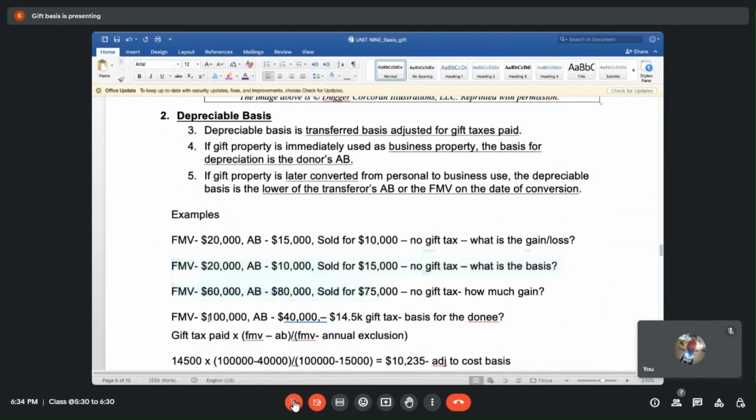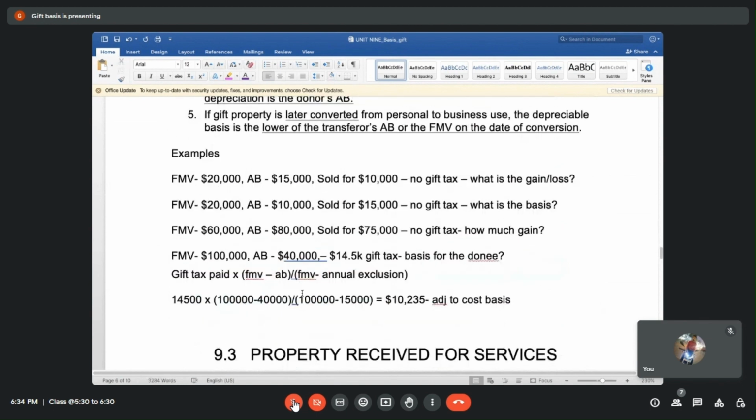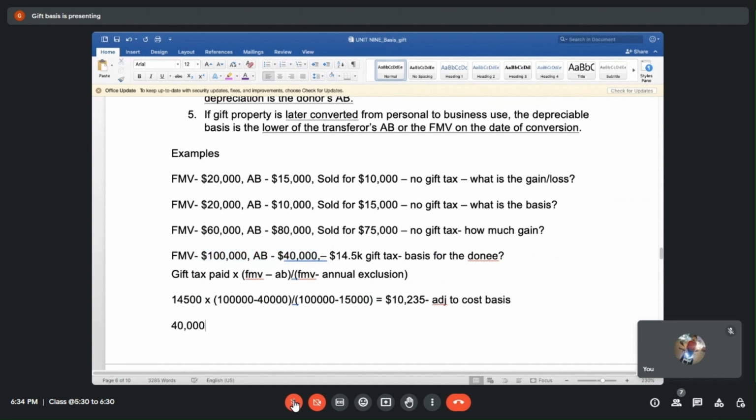Fair market value is very high. So what is the lesser of these two that we are going to take for her basis? 40,000, right? And we will increase it by how much? 10,235. Correct. So now her new basis is what?